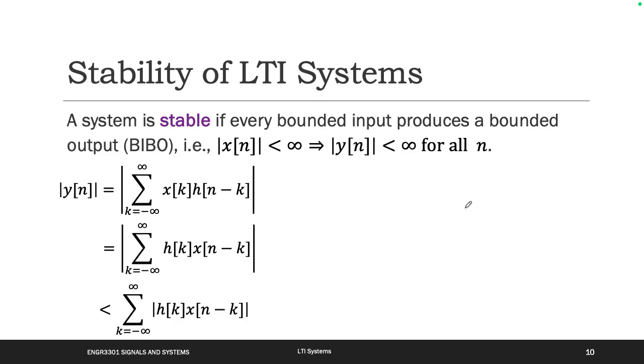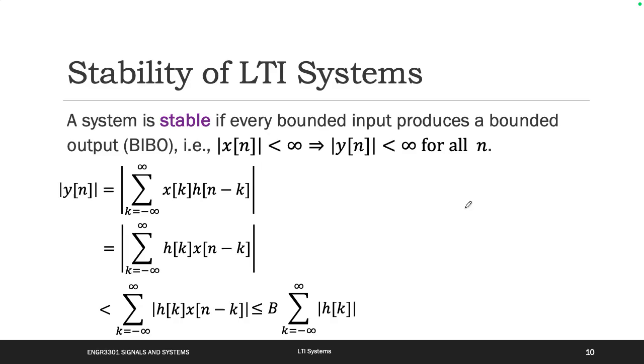Any question? Okay, and then we know the input signal is bounded, so it must be smaller than B. B is just the maximum value of the input signal x. So this must be smaller than this one. Then it must be smaller than this part. What does that mean?